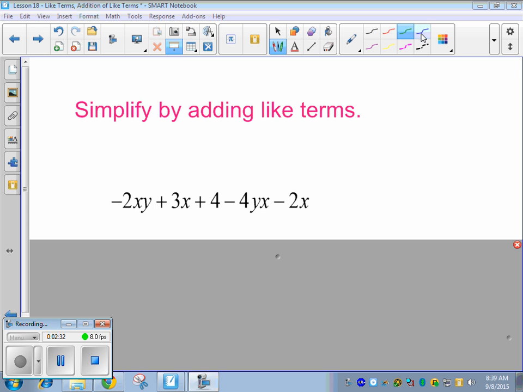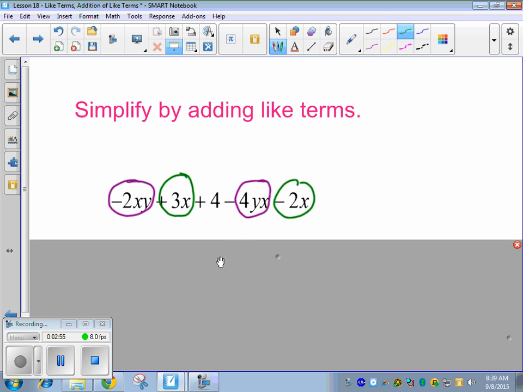Because we have the commutative property. So I'm gonna go ahead and make this guy and that guy both like terms. Can anybody else give me what else is like terms in here? Andrew? It's the 3x and the negative 2x. Perfect. So I'm going to go ahead and circle that guy, circle that guy.